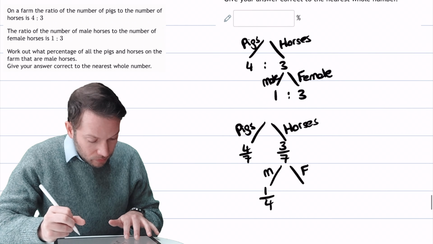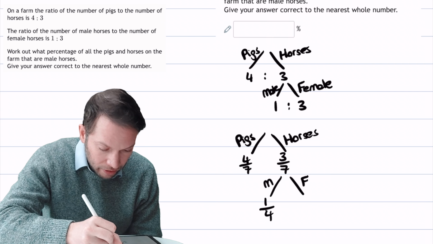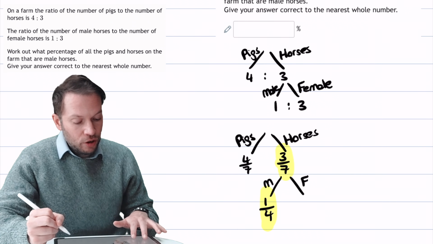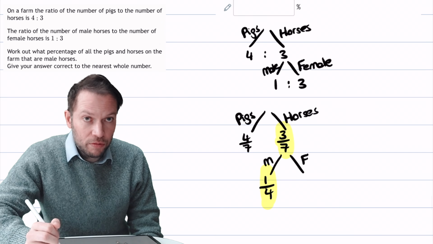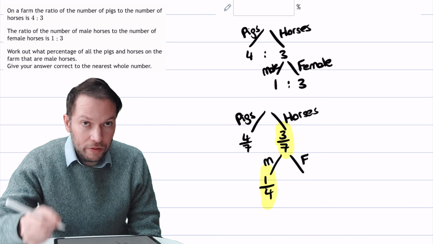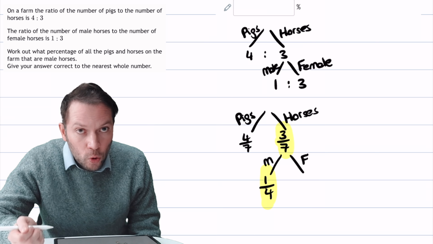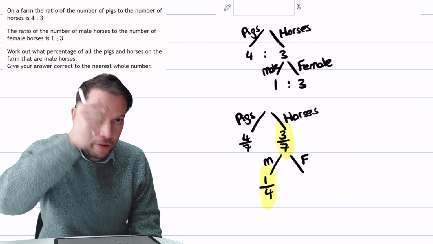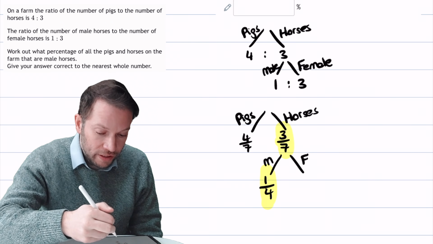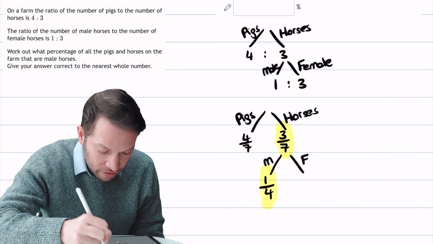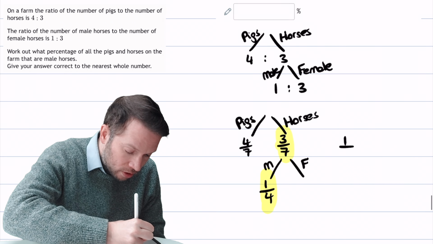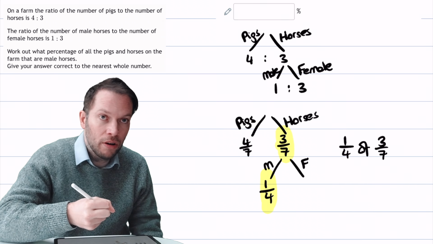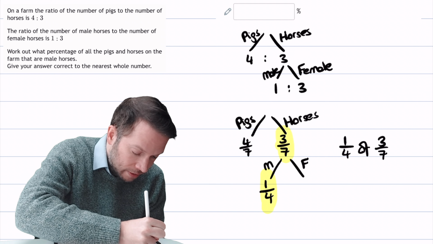Now, we're interested in male horses, so these particular fractions here. We said 3/7 of the animals were horses, and of those, 1/4 were male. That means 1/4 of the 3/7 of the animals are male horses. And when we use the word of, we can use times.